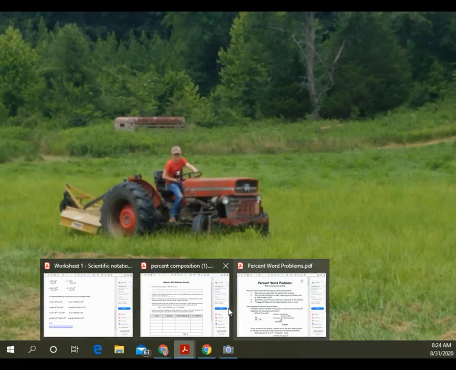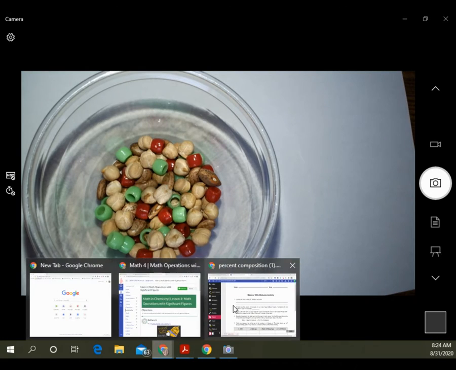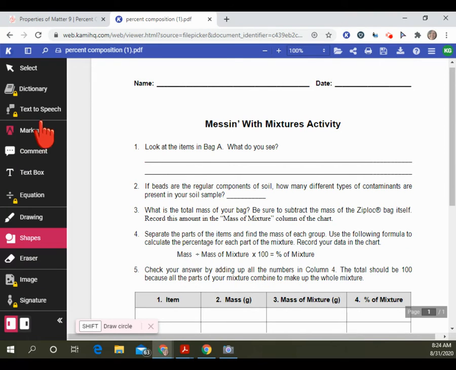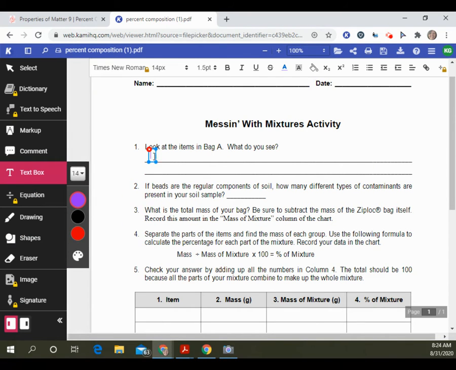So when we come back to our document here, what do you see? I'm going to go ahead and put a text box here. I'm going to use a color so you can see what I type. I'm going to say I have beads and beans in a cup. Now, did I make that a sentence? That would probably be the right idea.